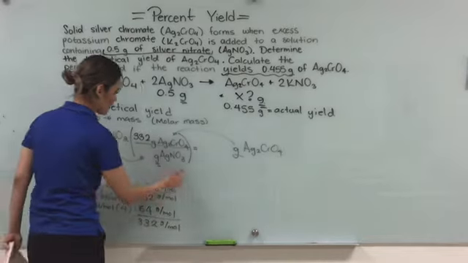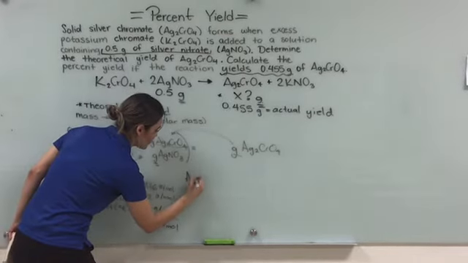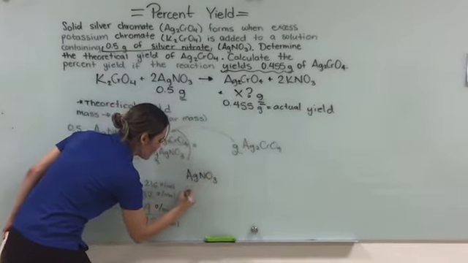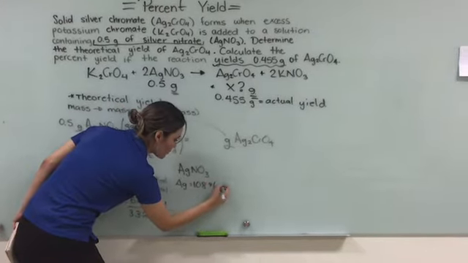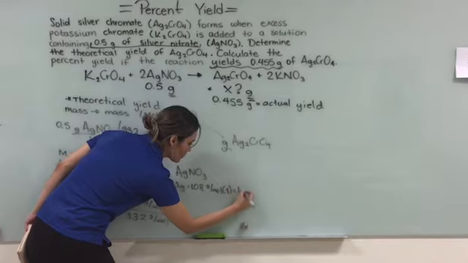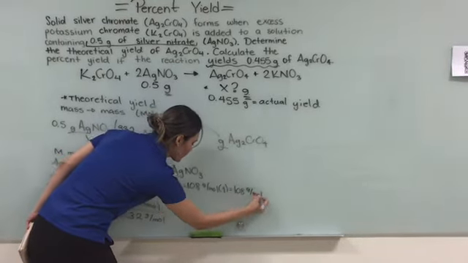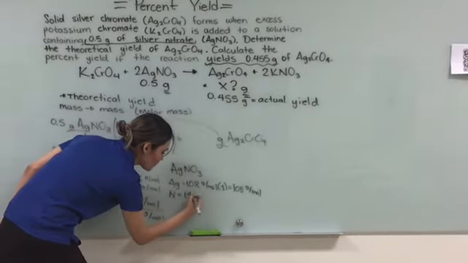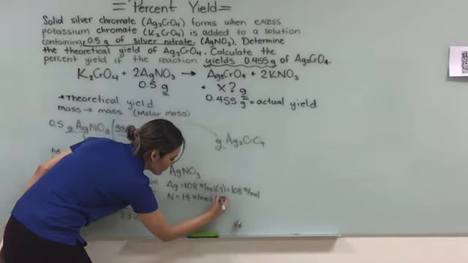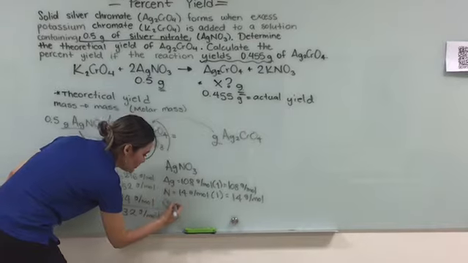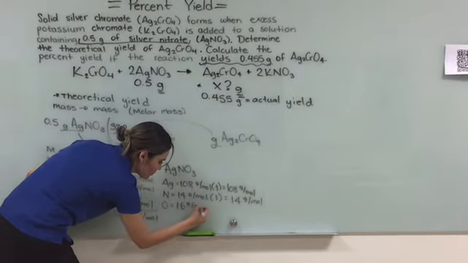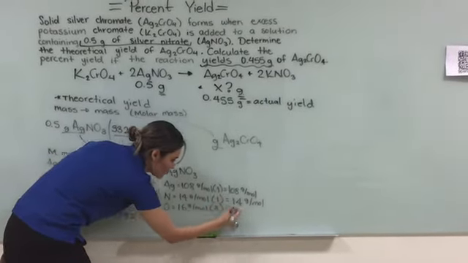Then we calculate the one that corresponds to silver nitrate. We start with silver, 108 times 1, is 108. Then nitrogen, which is 14 times 1, equals 14 grams per mole. And oxygen, which is 16 times 3, equals 48 grams per mole.